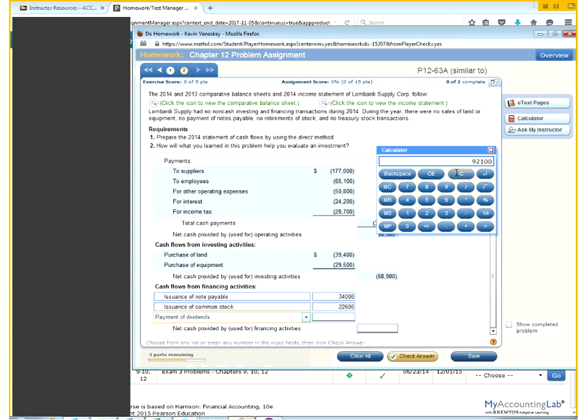So my actual retained earnings is 62,800. I subtract what the retained earnings really is from what it should have been, and whatever's left over is the dividend payment I made out. So I made a $29,300 dividend payment.